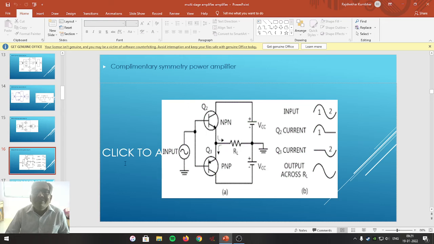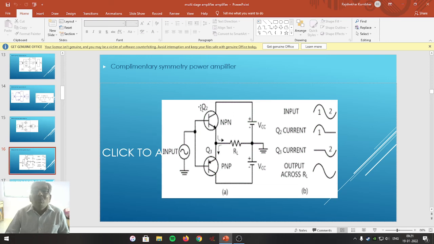At that time, Q3 doesn't conduct. It pulls the current back. But when Q3 conducts, it pushes the current to flow through the RL. But at that time, Q2 doesn't conduct and it pulls the current back from the RL.